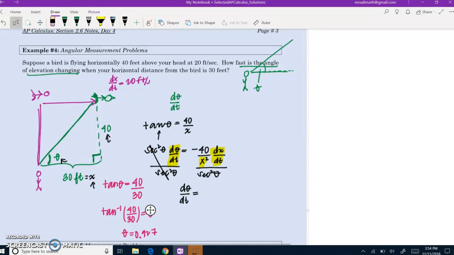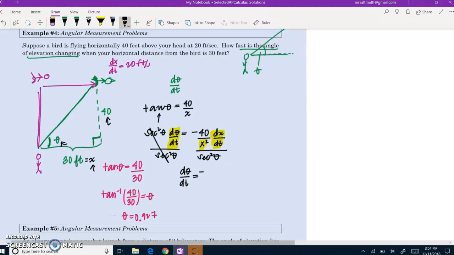However, 1 over secant is the same thing as multiplying by a cosine. So I can instead write this whole thing out as negative 40 over x squared times dx dt, and then instead of divided by secant squared, I can say times cosine squared of theta, which is going to be a whole lot easier to plug into my calculator.